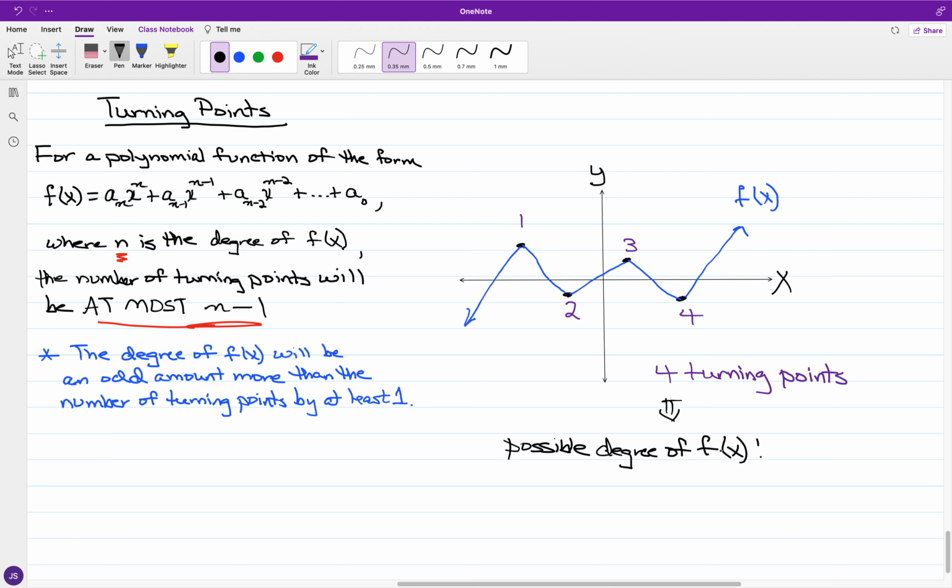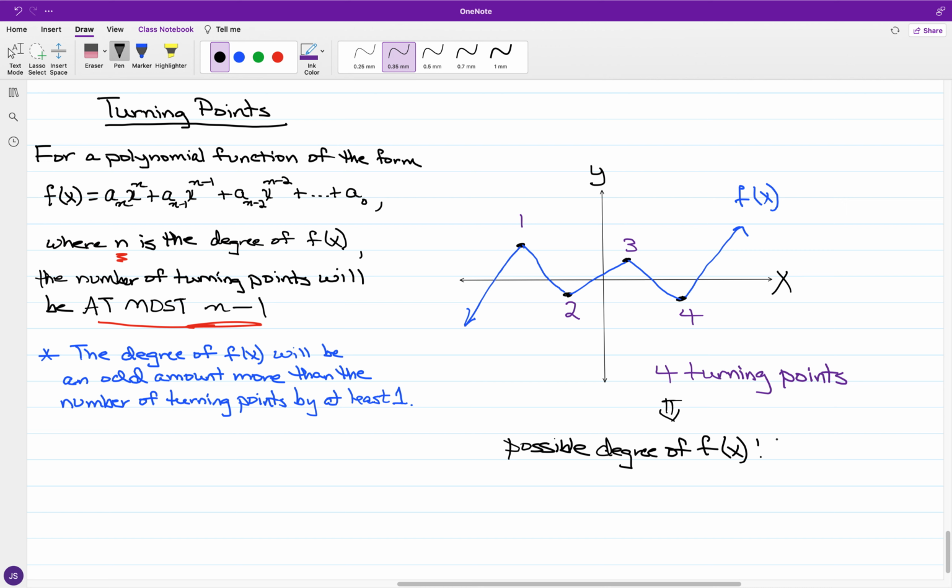Now remember, the number of turning points will always be less than the degree of the function. For the degree, it's not going to be 3 or 2 or 1, because the number of turning points will be at most n minus 1, and the degree is going to be an odd amount more than the number of turning points, where the difference is at least 1.